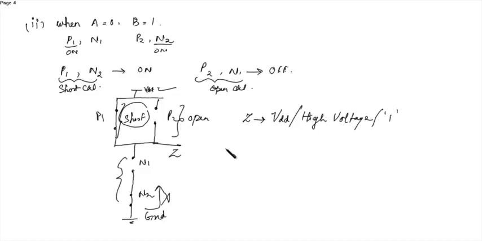So when A is equal to 0, B is equal to 1, the output obtained is 1.